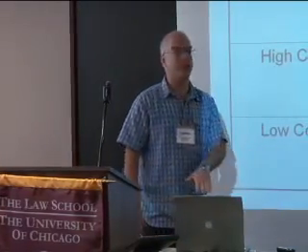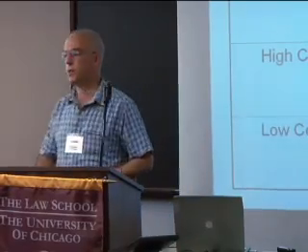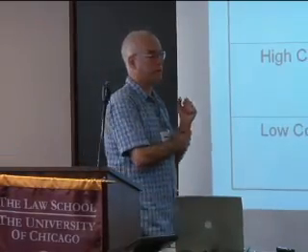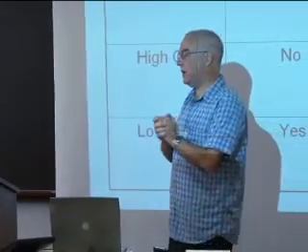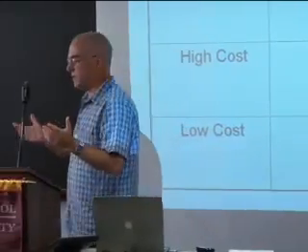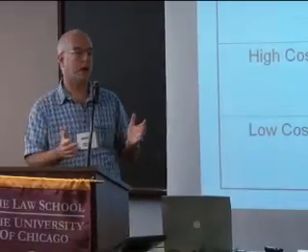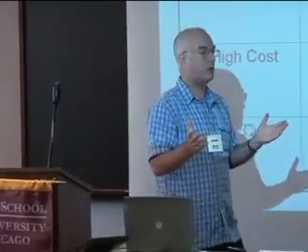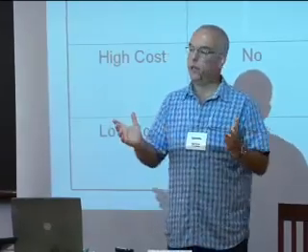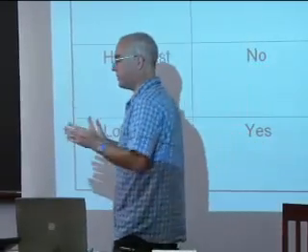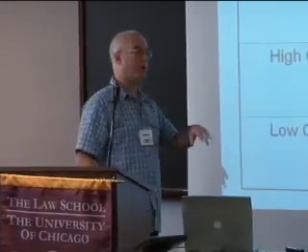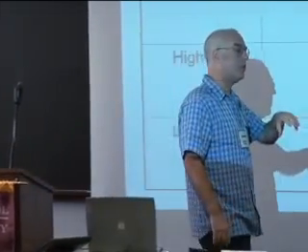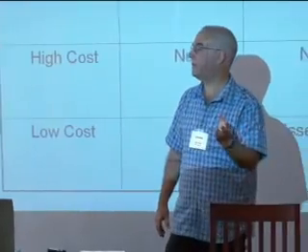So if cooperation is high cost, first of all, typically, there are many forms of possible cooperation. And it could be controversial. There could be disagreement between the parties whether they want to have cooperation or not, and what mode of cooperation they would like to have.